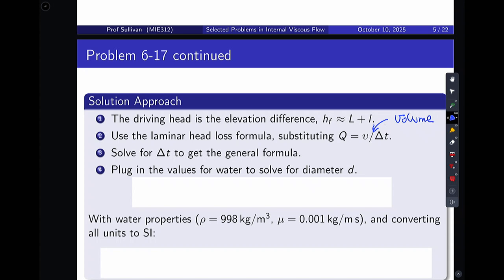And my volume here is 8 centimeters cubed. You solve for delta T to get the general formula, and then plug in the values for water to solve for the diameter.